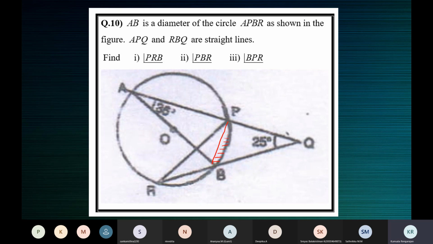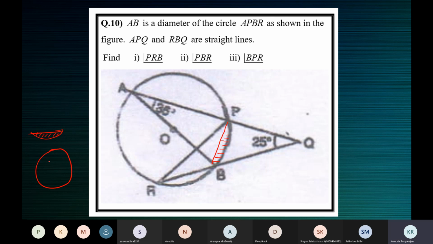The region of the circle bounded by a chord and an arc is a segment. So this one is the minor segment, and the rest of the circle is the major segment.